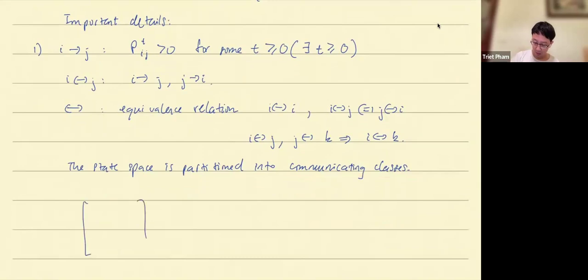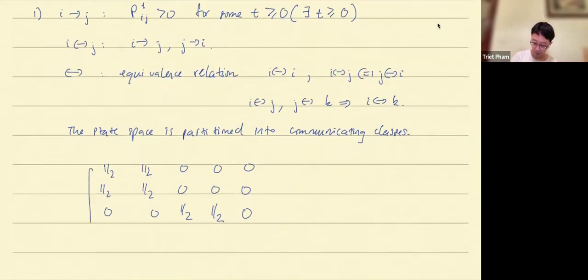A typical example for us is the one where we have, I mean, this doesn't have to be the only example, but, I don't know, something like that.